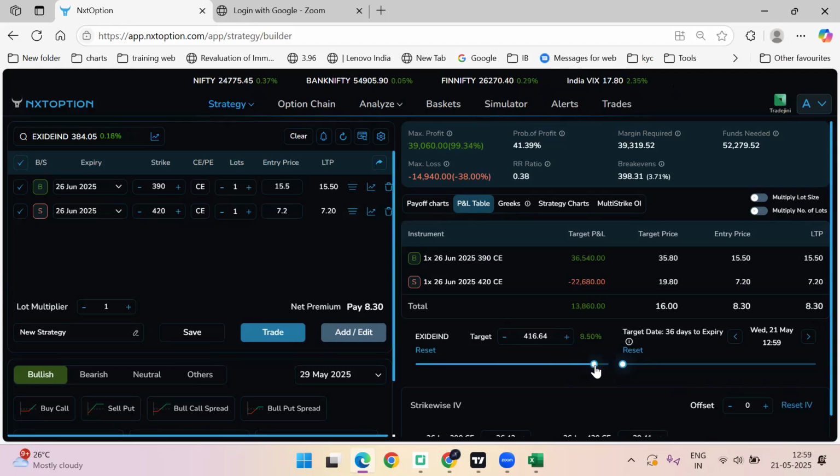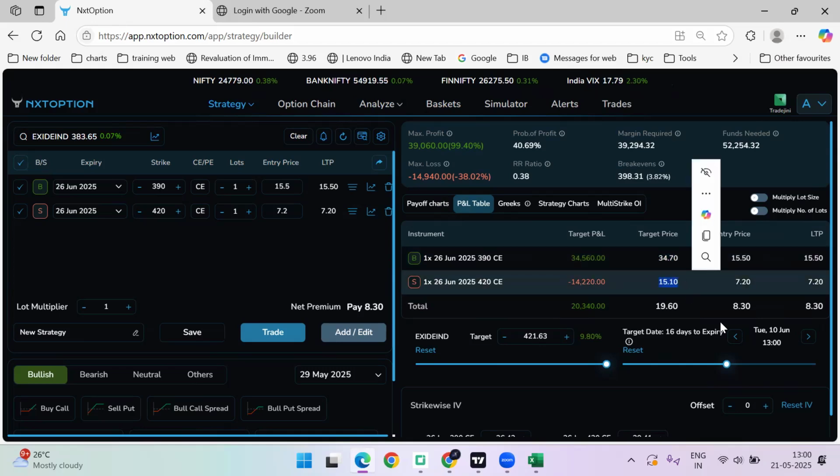When the price touches 420, the premium would jump to 34 and 15.